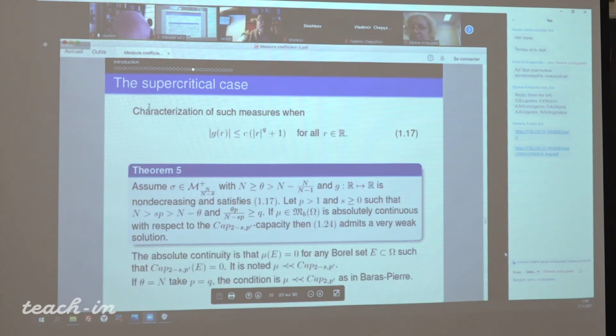Okay, now you want to characterize measures when G of r is bounded by C times r to the q plus 1.